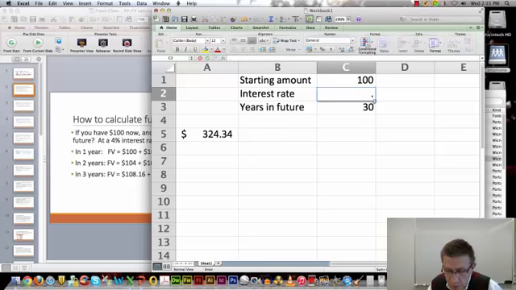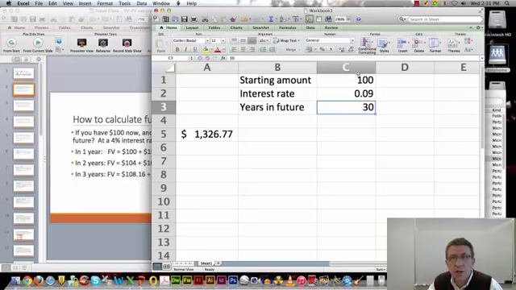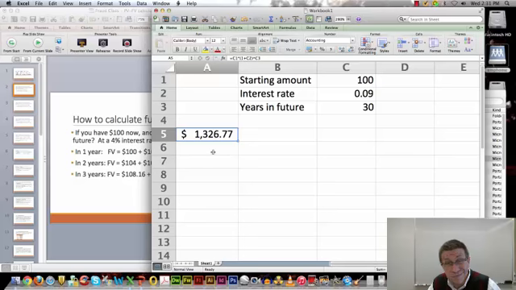When I go to a 9% interest rate, that's a great yield if you could get 9% year in and year out. $100, 30 years from now at a 9% interest rate, look at that, $1,327. So using this formula, you can calculate the future value.